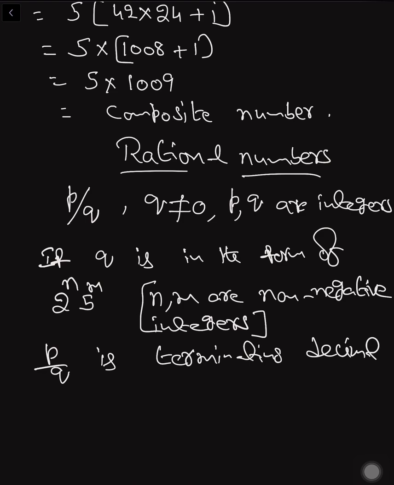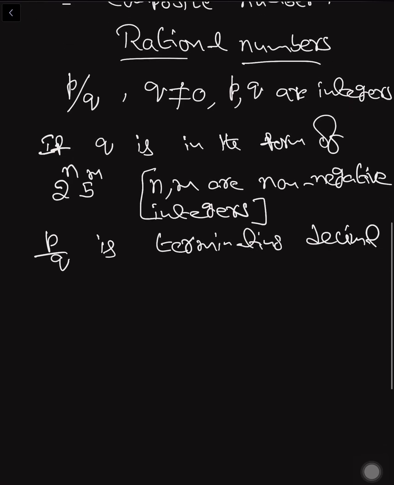If Q is not in the form of 2 to the power of n, 5 to the power of m, it is a non-terminating decimal.